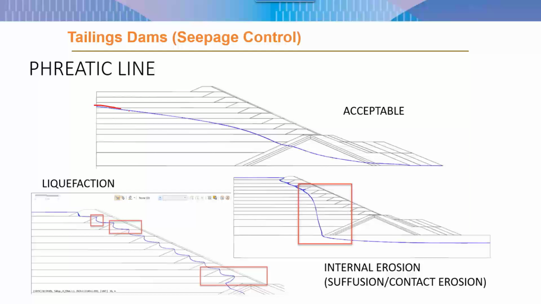This is the example of an acceptable or a good phreatic line, which means water is flowing from the inside of a soil matrix or a dam as it should. Then if we have water flowing like this along the dam embankment, then yes, we have a problem, which essentially means your dam is not functioning as a dam anymore.